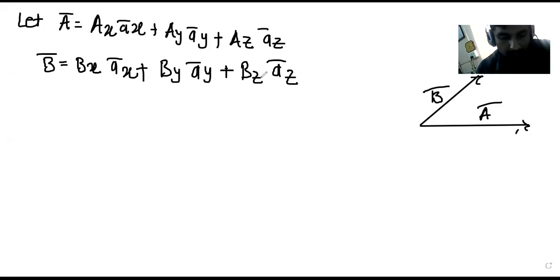Right, now I want to find the multiplication. So simply you have to take the dot product. That means a bar dot b bar. I'm trying to define this dot product in a different way.